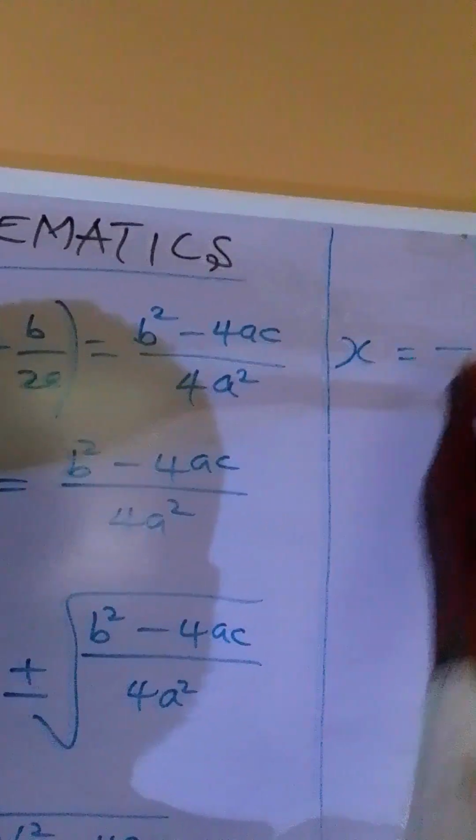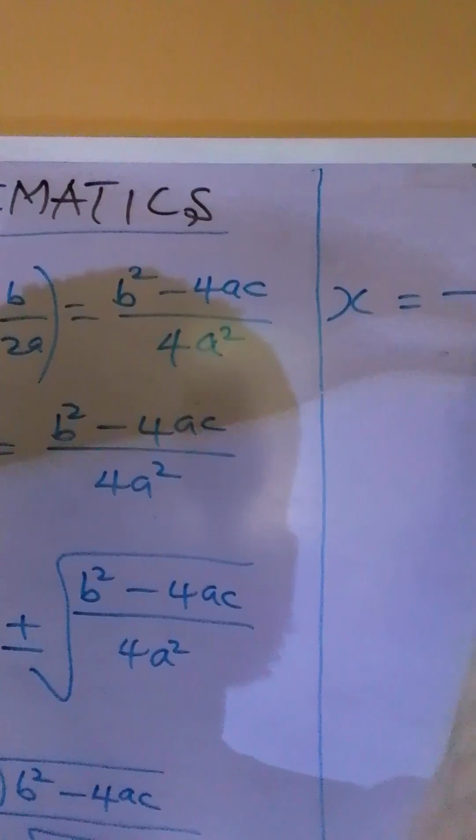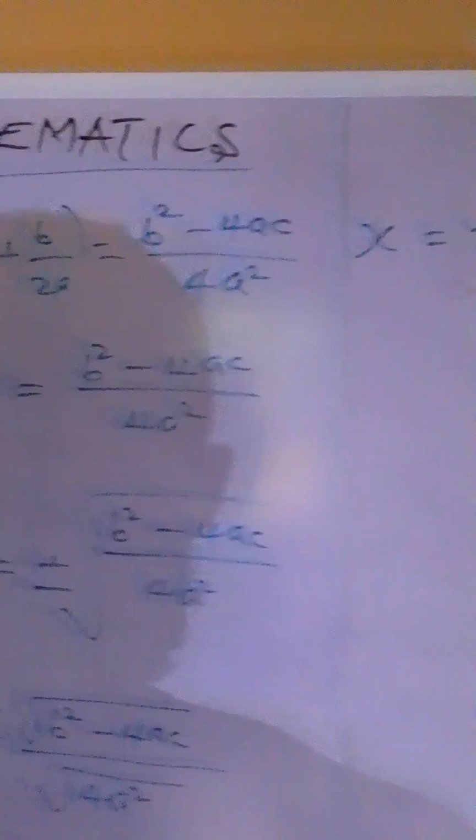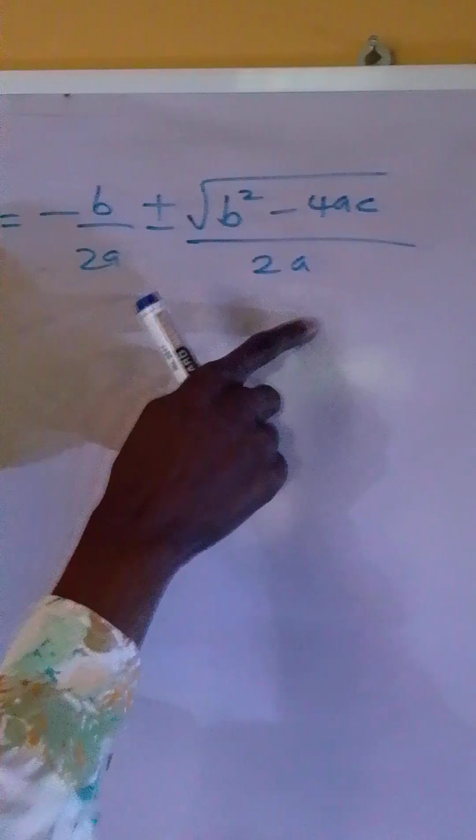So you have x equal to minus b over 2a plus or minus square root b squared minus 4ac over 2a.